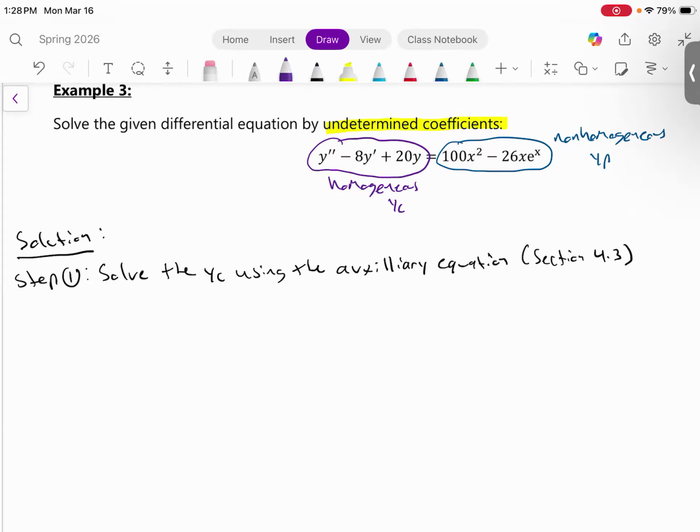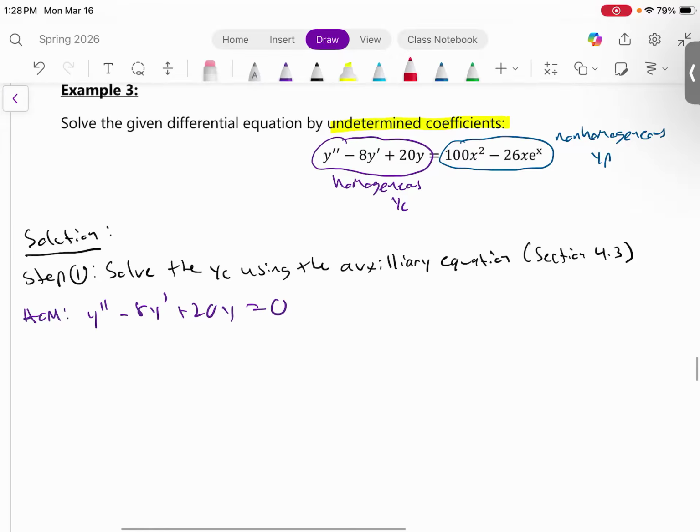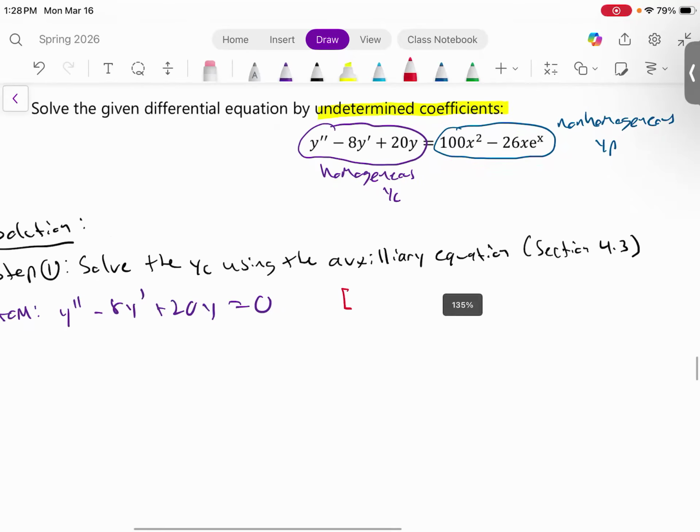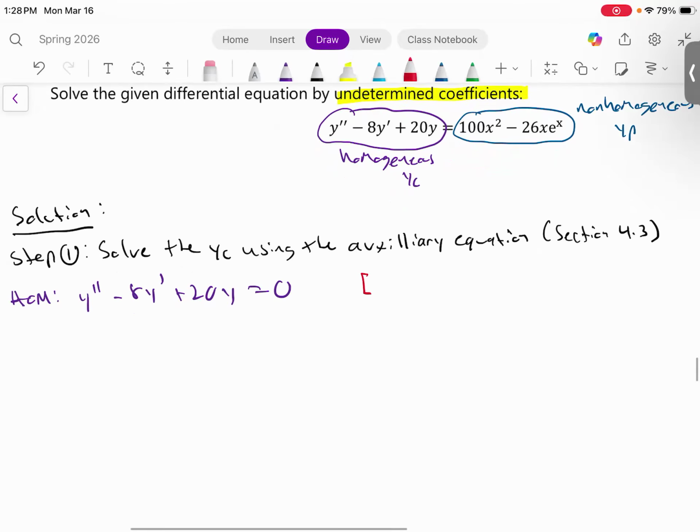Our homogeneous component is y double prime minus 8y prime plus 20y equals 0. We want to build this auxiliary equation based on the standard form of a constant coefficient homogeneous equation, which is ay double prime plus by prime plus cy equals 0.